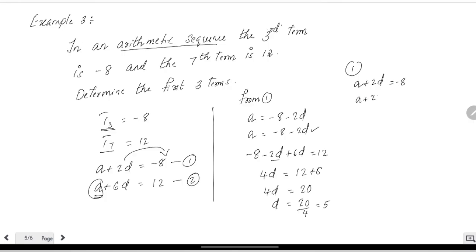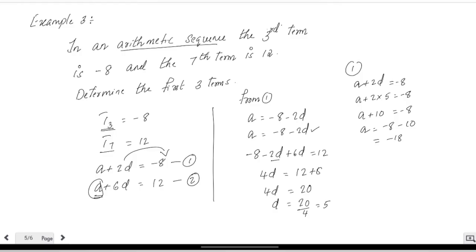That is, A plus 2 times 5 is equal to minus 8. That is, A plus 10 is equal to minus 8. Therefore, A is equal to minus 8, and 10 goes to the other side as minus 10. So the answer is minus 18. A is minus 18 and D is 5.